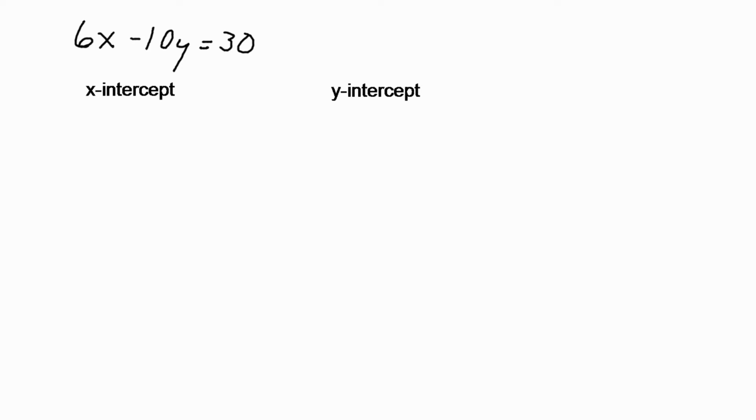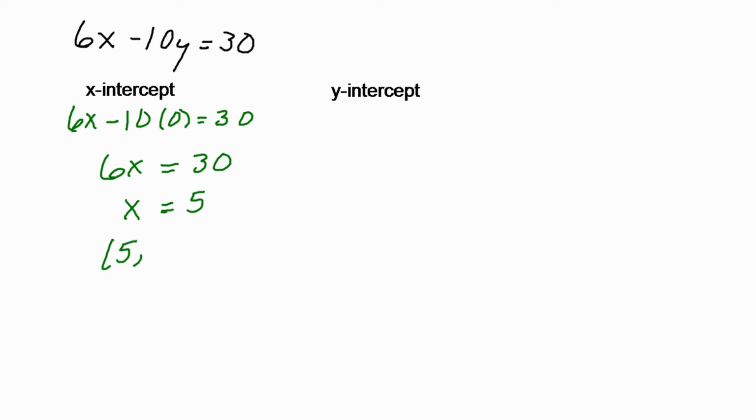So now we're ready to graph our second line, 6x minus 10y equals 30. Let's start by finding my x-intercept, which means y is 0. 6x minus 10 times 0 equals 30, which means 6x equals 30, x equals 5. So I have the ordered pair 5, 0.